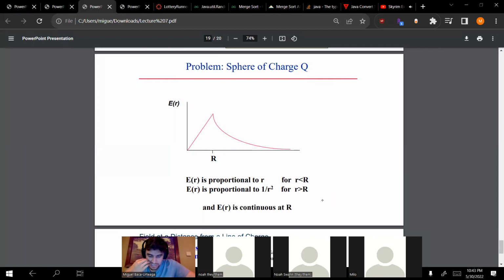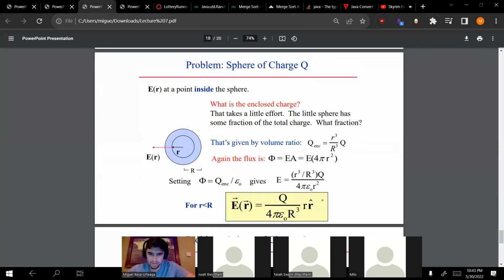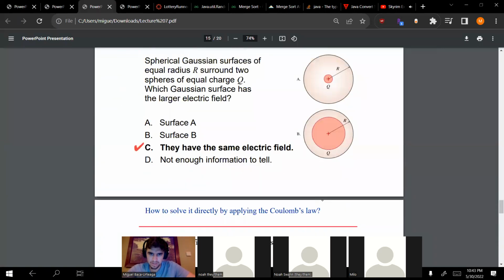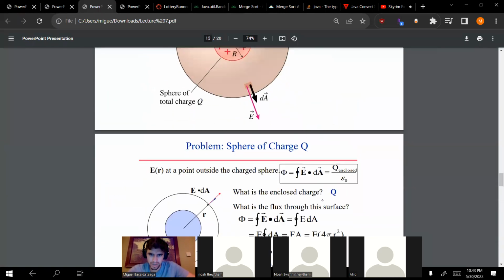So the field inside and the field outside of a sphere of charge match at the boundary of the sphere. At this point, little r is equal to big R, where both give that equation of the electric field, Q over 4 pi epsilon naught R squared.